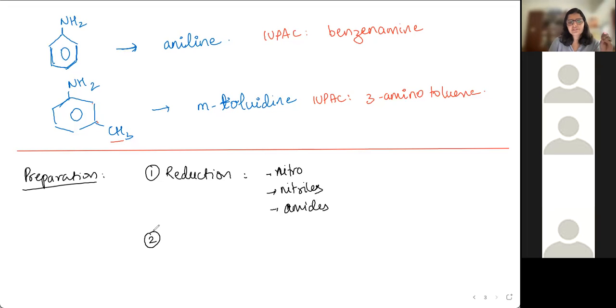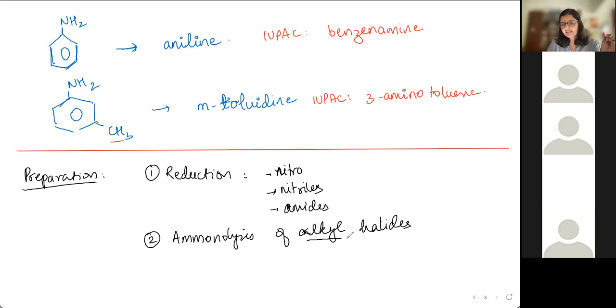Then you have 3 very special reactions, all of them are named reactions. So one is ammonolysis of alkyl halides. This is also very logical. You start with alkyl halides.